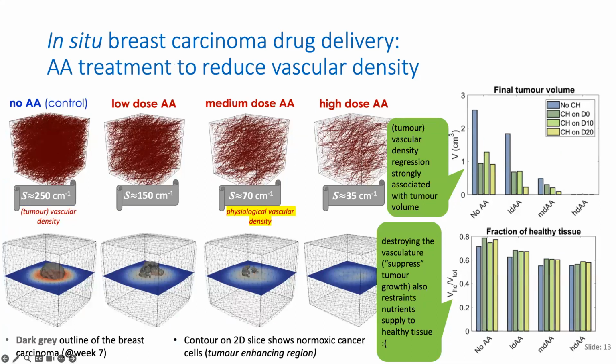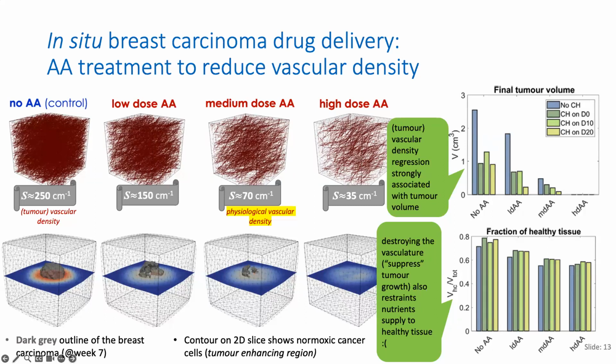We consider low dose, middle dose, and high dose, and these directly address the vascular density, as shown on those networks on the top of the figures. Both of them show the tumor outline, which is those gray things, on week 7, several weeks after the implantation of the tumor on the mouse.